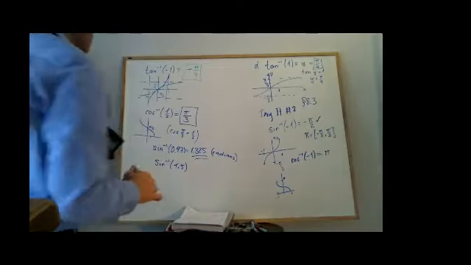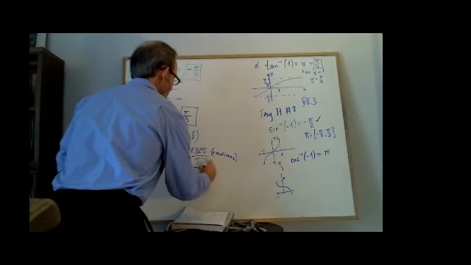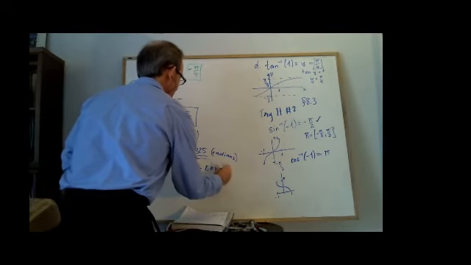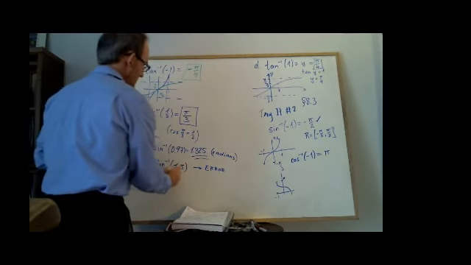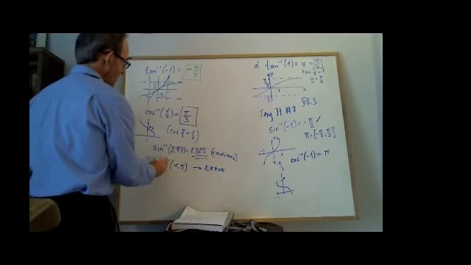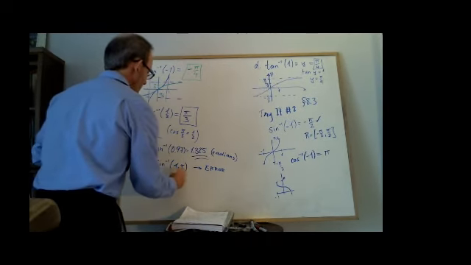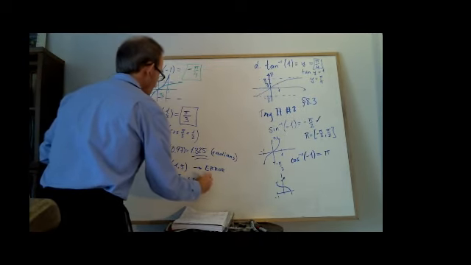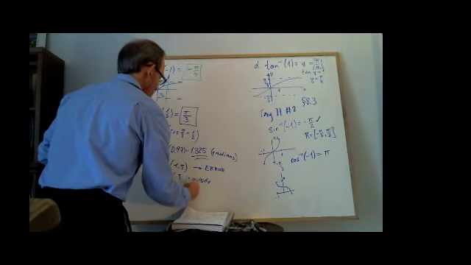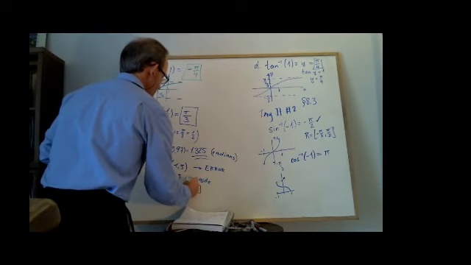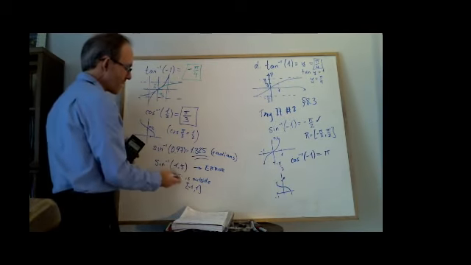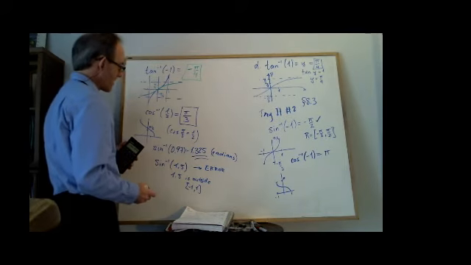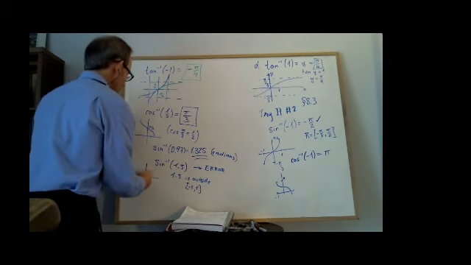Why is that? It's because this number is not in the required domain. 1.5 is outside of the required interval, which is minus 1 to 1. So the number you put in here has to be less than 1 in absolute value in order to get any value at all.